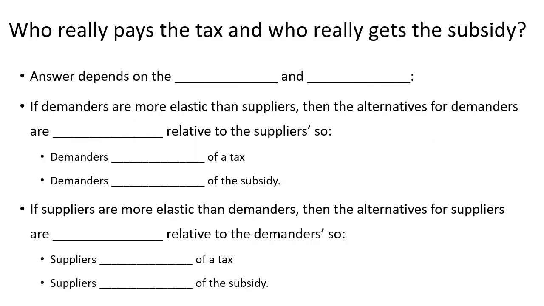So now that we've talked about how to graph a tax or a subsidy, the real question is, who is going to pay more of the tax or the subsidy, the producer or the consumer? And the answer to this depends on the elasticity of demand and the elasticity of supply.